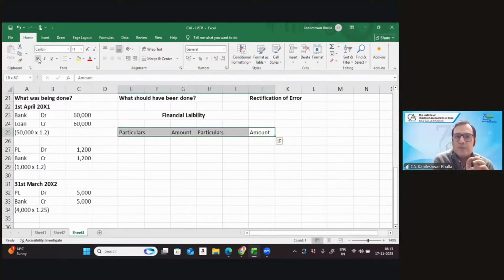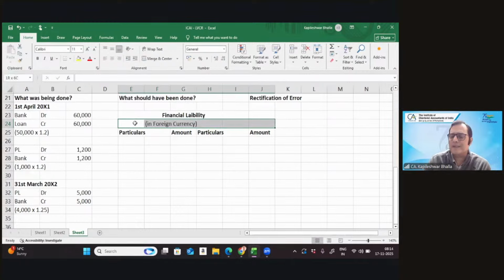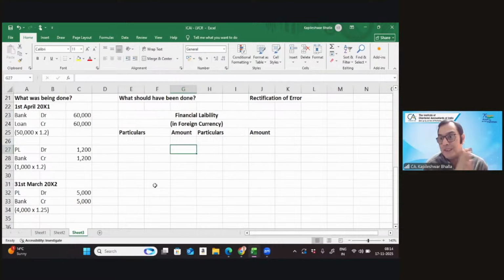We're going to first make this ledger in foreign currency, so I'm putting this in brackets. This is in foreign currency itself. We're not right now concerned with converting this into a functional currency. That we can see later. And I'm doing it systematically, so that once you revise this question from the Excel, you are able to do it on a very systematic basis.